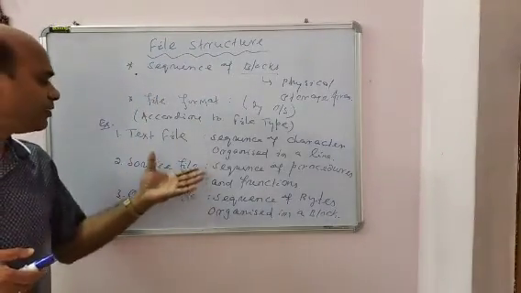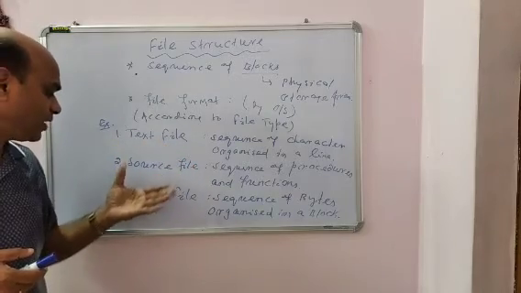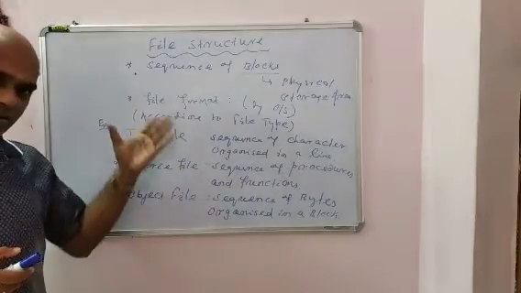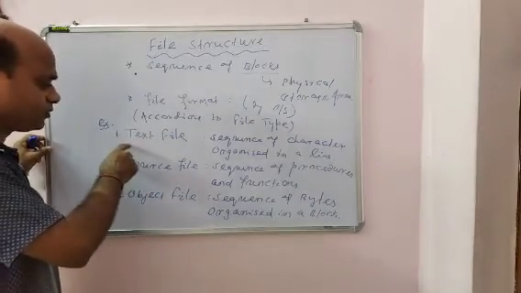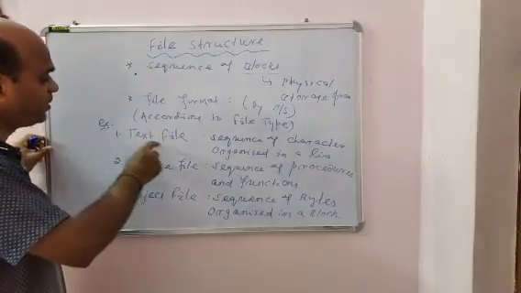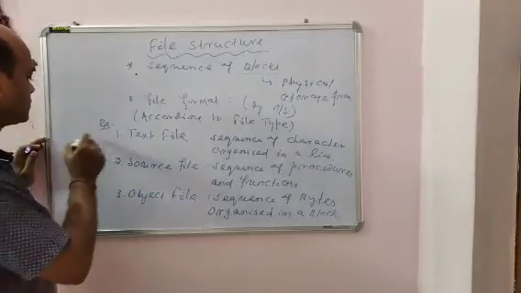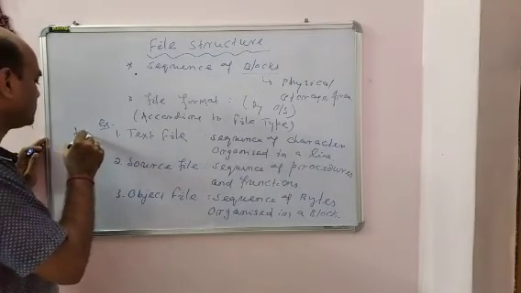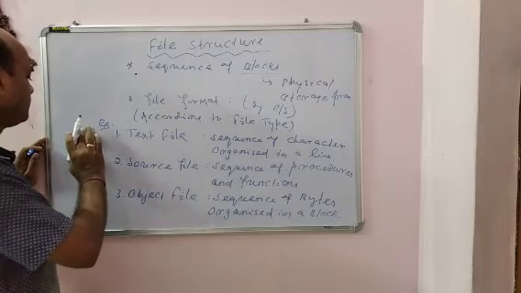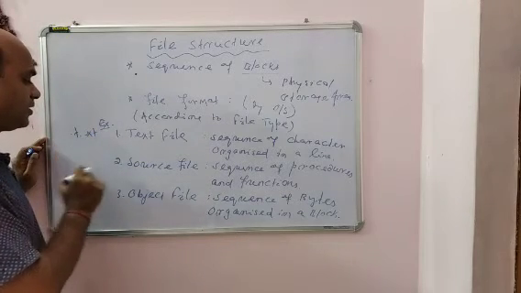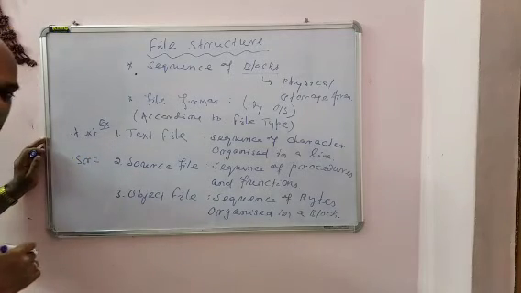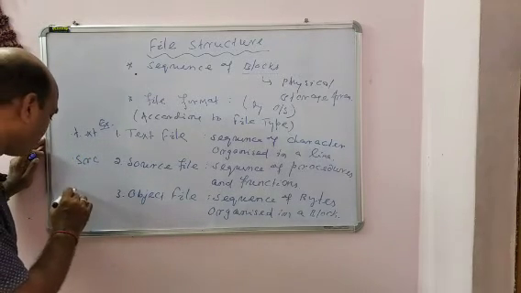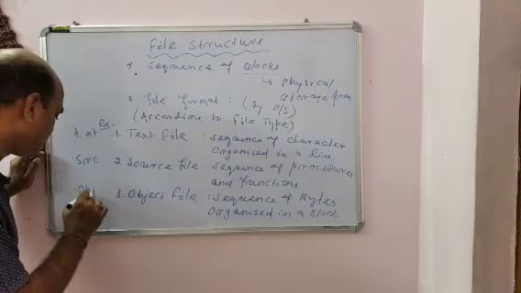So in this way, text files, source files and object files will be created. When the extension is .txt, that file will be recognized as a text file. For the source file the extension will be .src, and .obj is the object file.